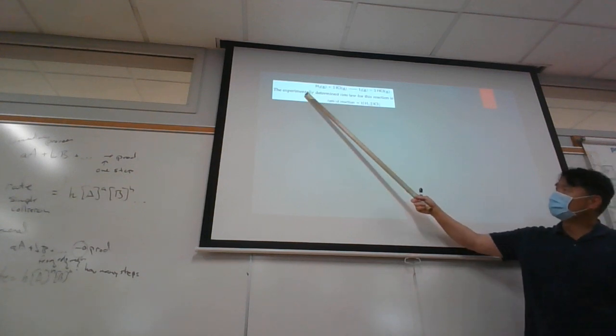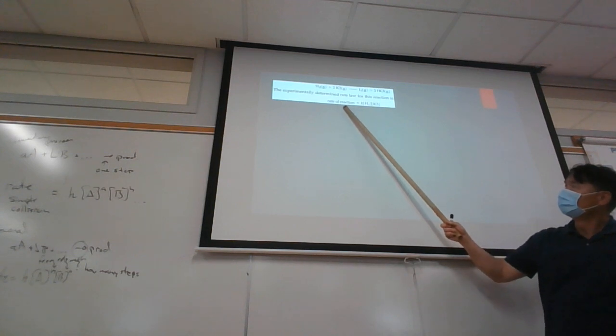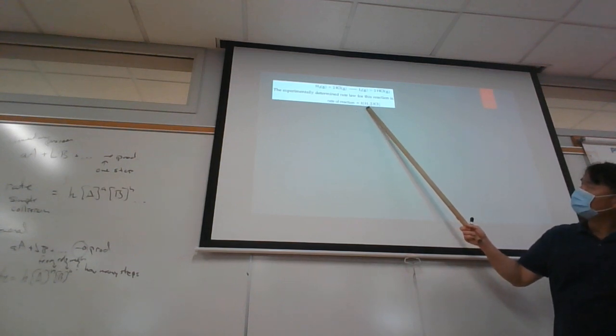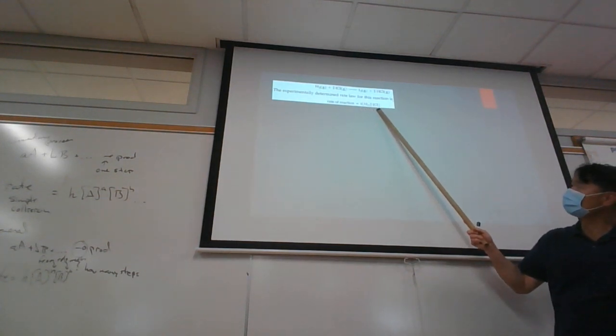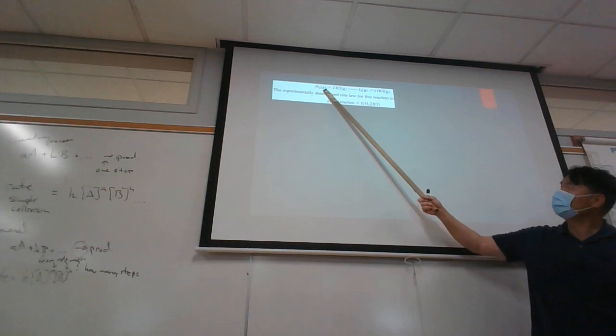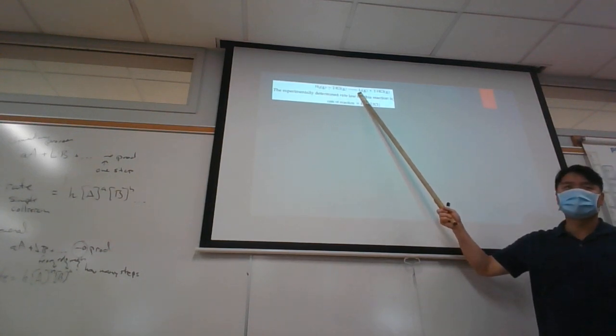When the experimentally determined rate is determined, it's found to be this: first order in H2, first order in ICl. Could it be possible that this happens in a single step? No, it's not possible.